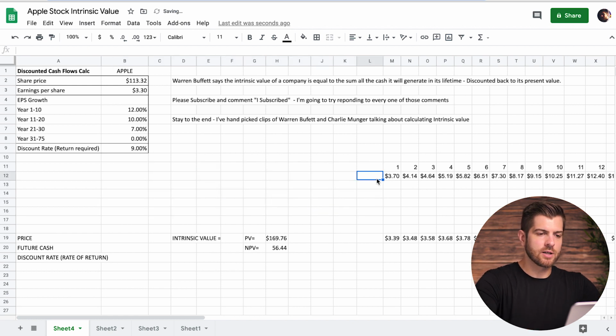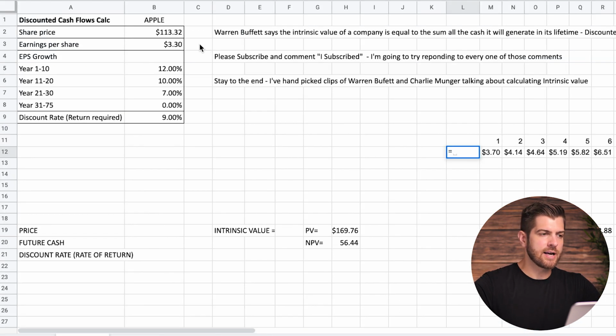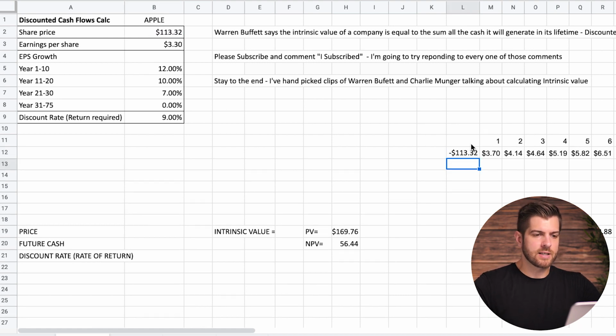And what I'm going to do is put this number here as the negative of the current price. Basically, today we're going to spend $113, and then here's the money we're going to get in the future, right? So I'm going to show you the IRR formula.